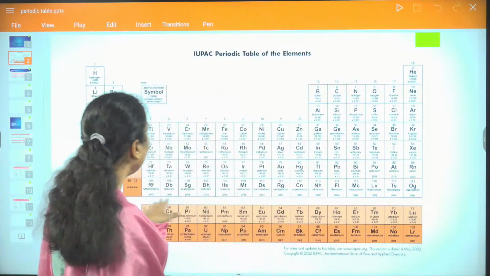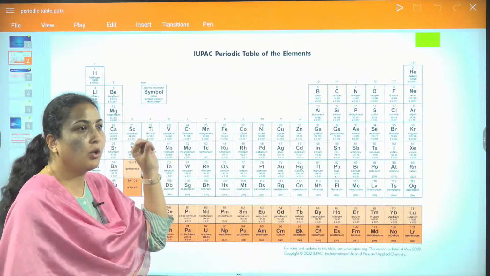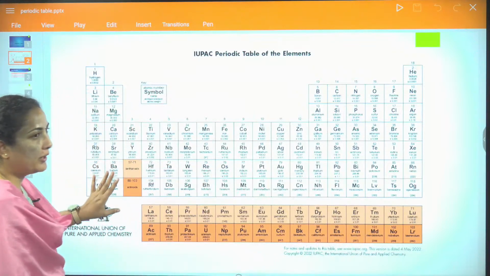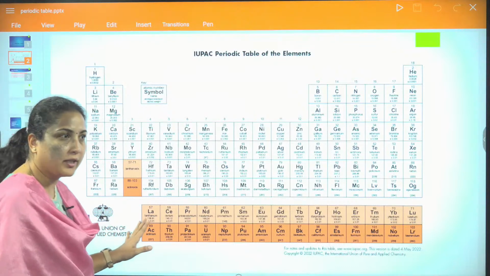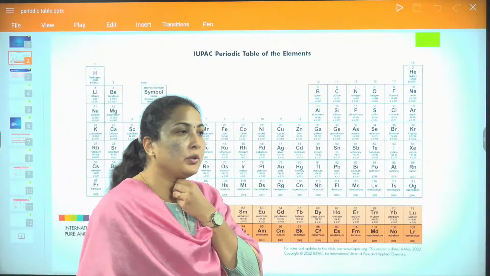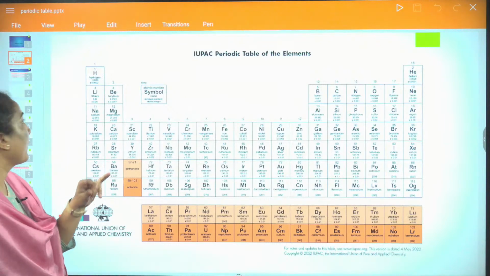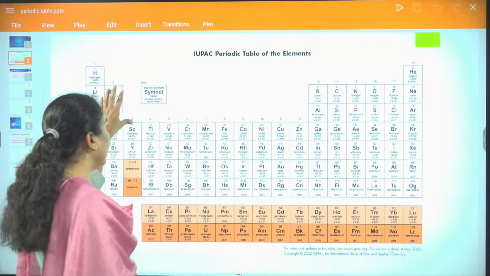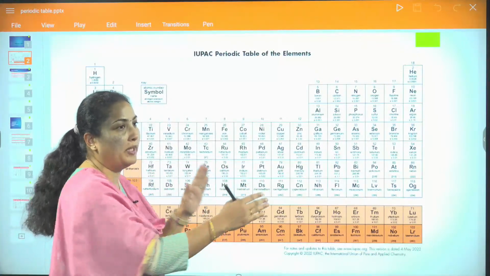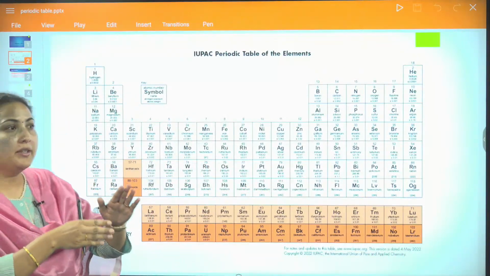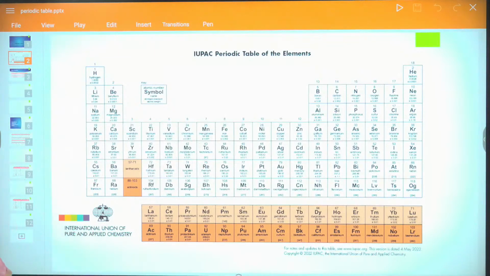For D block, I would have told you how to remember it horizontally, right? And this is a periodic table from the IUPAC organization itself. Now, first of all, we are going to learn elements 3 to 12 vertically down. Okay. So now let us go further.